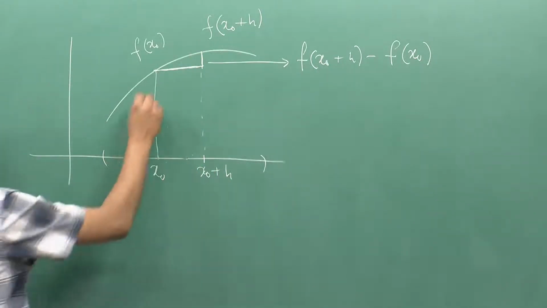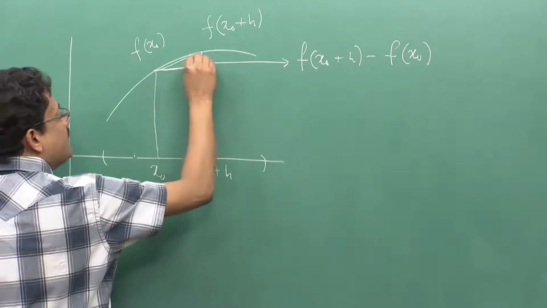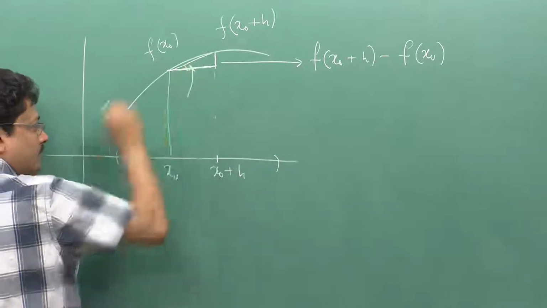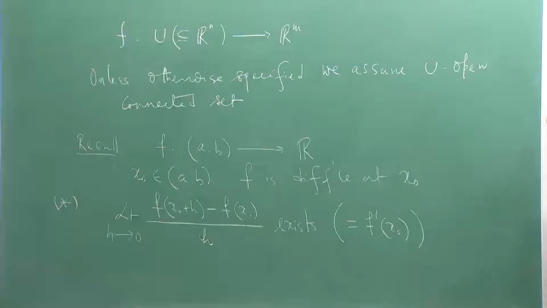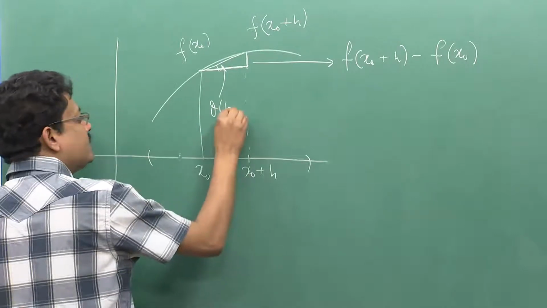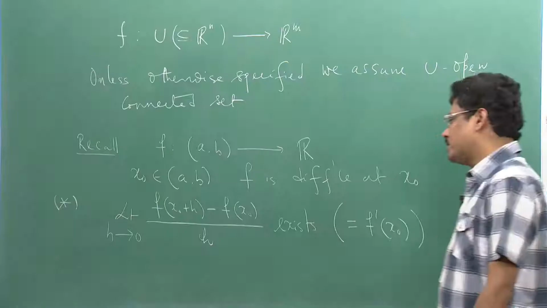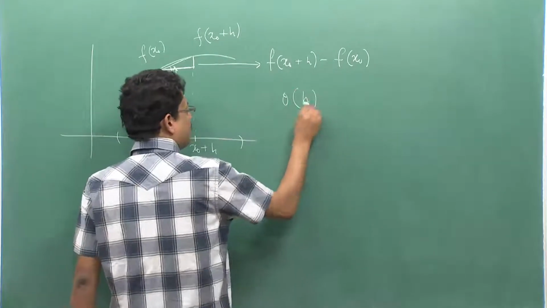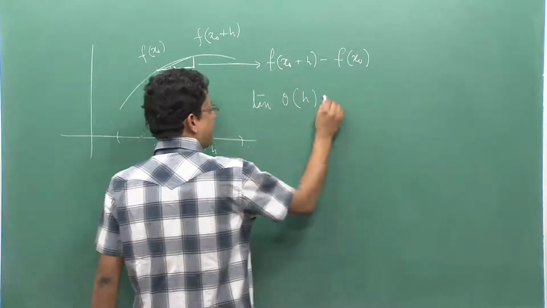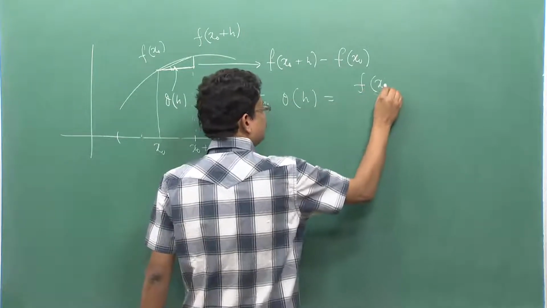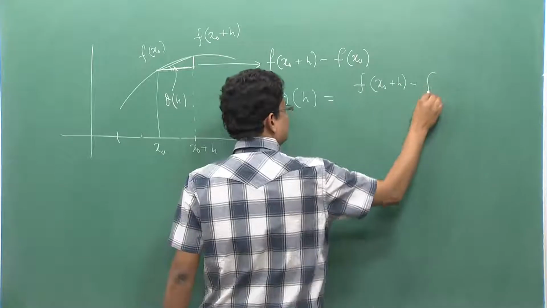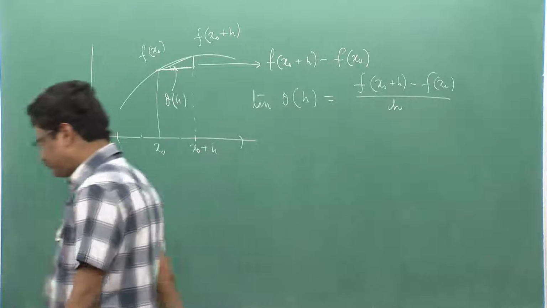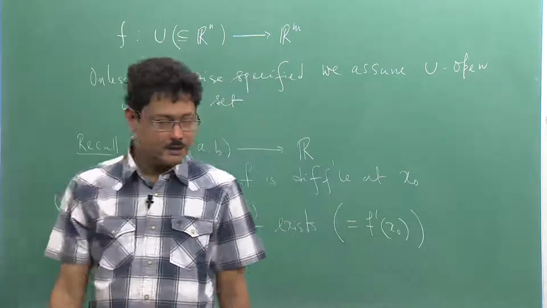So, you see, if I join these 2 points by a straight line, if I have this angle, if I call this angle depending on h theta h, then this ratio is tan of theta h. And what is the idea of defining this?